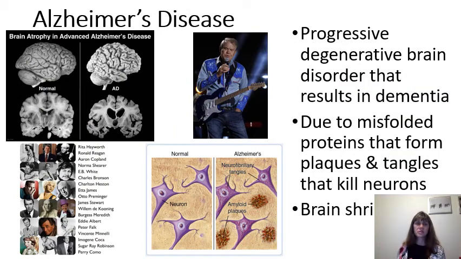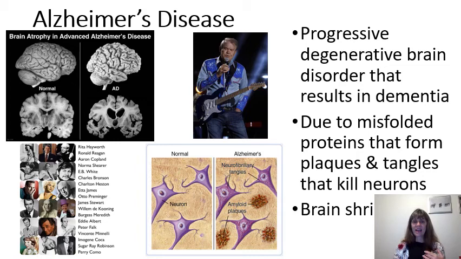This takes us to different diseases that can occur in the nervous system. Alzheimer's disease is a progressive degenerative disease of the brain that results in dementia. What happens is the proteins start to fold irregularly, and that forms what are known as amyloid plaques.